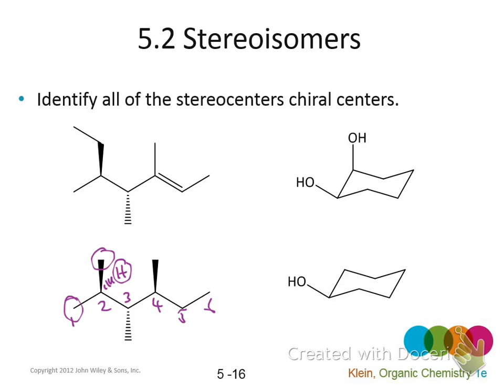I bring them together, and they're mirror images, but they're superimposable because these 2 groups are the same. They have to be different for them to be non-superimposable. That's the criteria, and that's why 4 is the minimum number of groups that you can have this happen with.